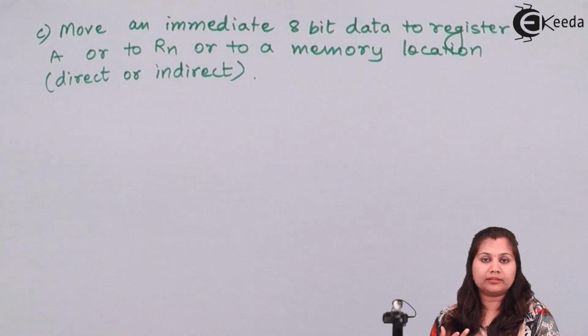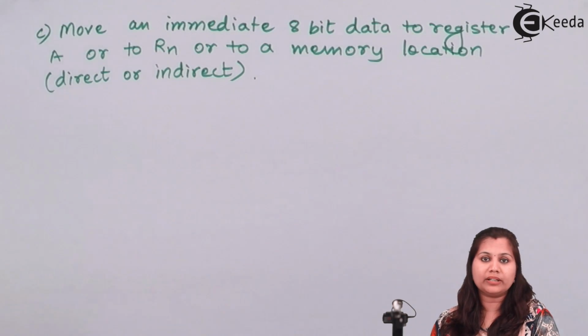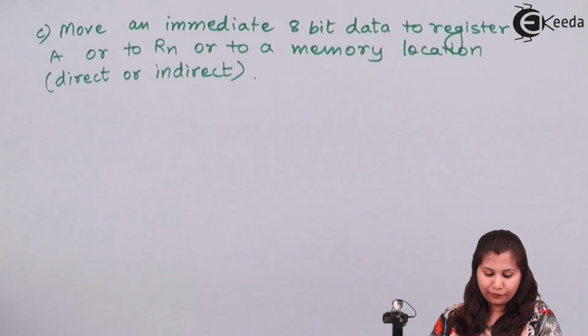Addressing modes are the ways in which the operand is specified in the instruction. In the addressing modes we have direct addressing and indirect addressing. So let's see the example of this type.